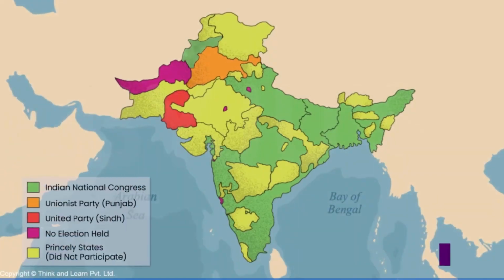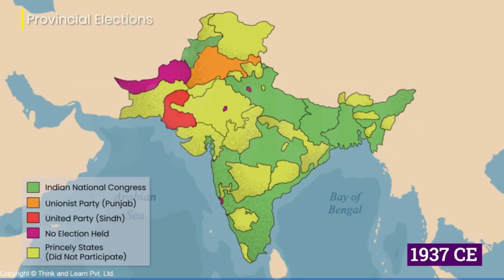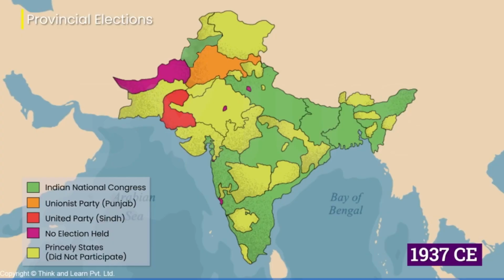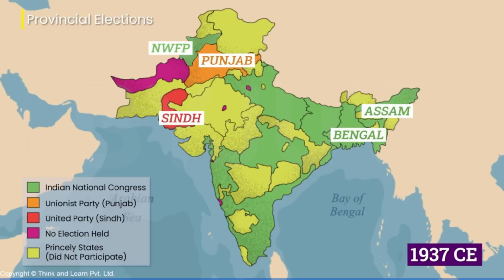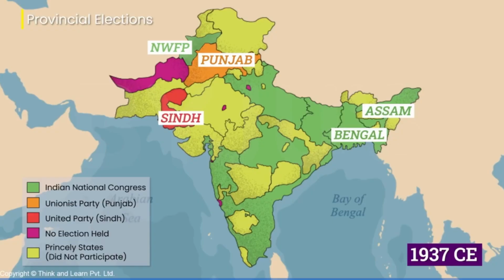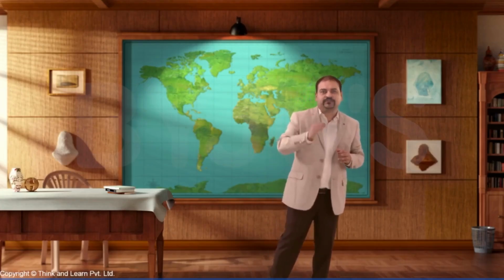Against this backdrop, in the 1937 provincial elections, Congress claimed a majority in all provinces except Bengal, Assam, Punjab, Sindh, and the Northwest Frontier Province, and emerged as the single largest party in Bengal, Assam, and the Northwest Frontier Province. Congress was able to bring some changes and reforms within the system, but their command was short-lived.